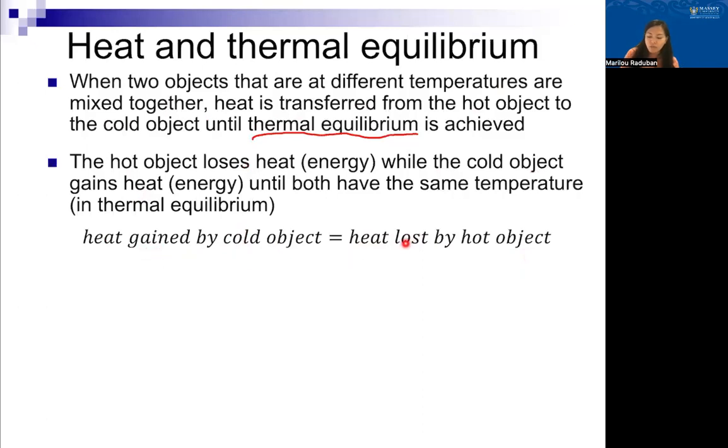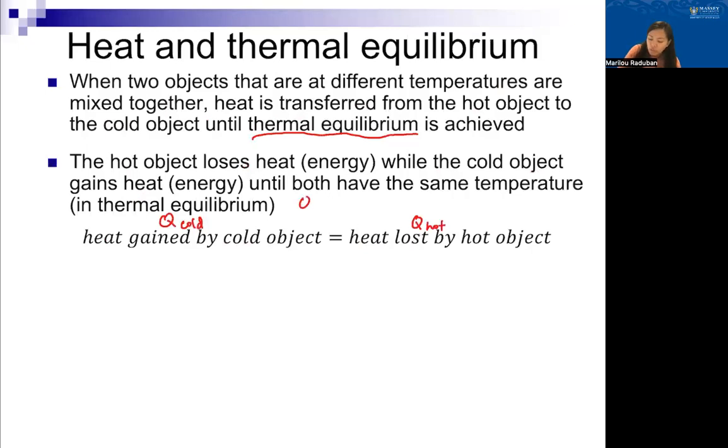And the amount of heat lost will be equal to the amount of heat gained. So this will be Q, the heat of the cold object. Heat gained by the cold object will be equal to the heat lost by the hot object, right?